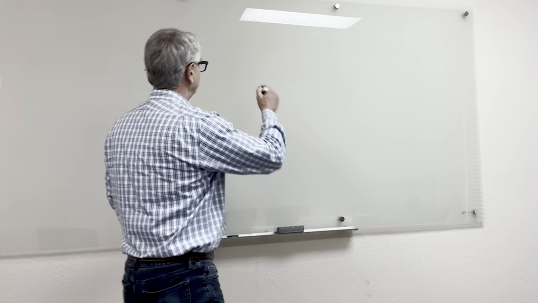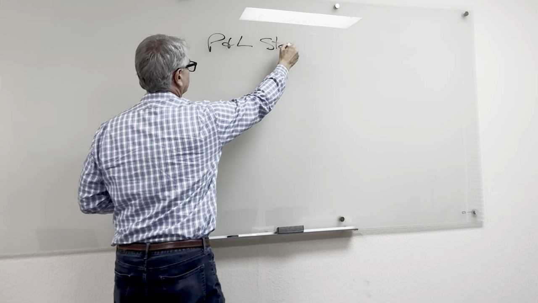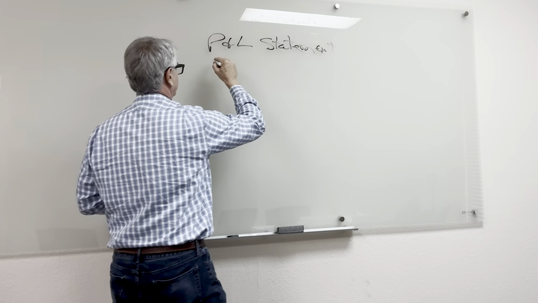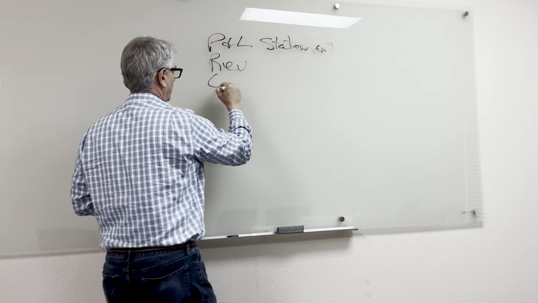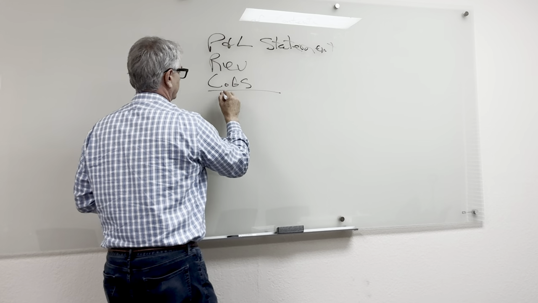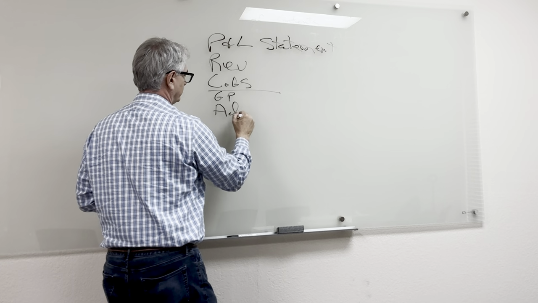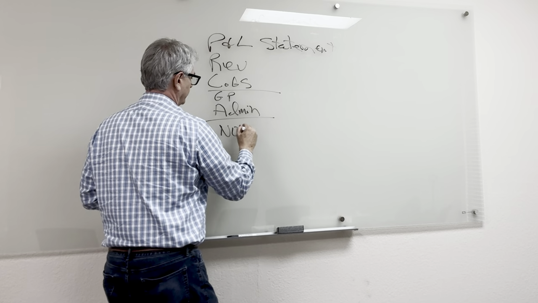So really what it boils down to is we have a P&L statement. And then in that P&L, you're going to have revenue, you're going to have cost of goods sold, you're going to have a gross profit, you're going to have administrative cost, and you're going to have net operating income.